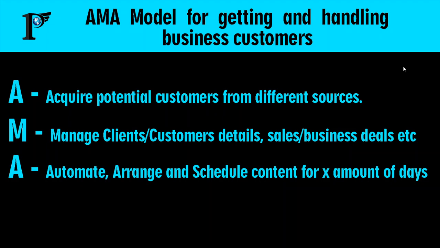Okay, so how you can use the power of automation to be able to post amazing content for the next 30 days if you wish. That is 30 days of a month and less and even more. All right. So this is where the automate comes in, which is what the A stands for.